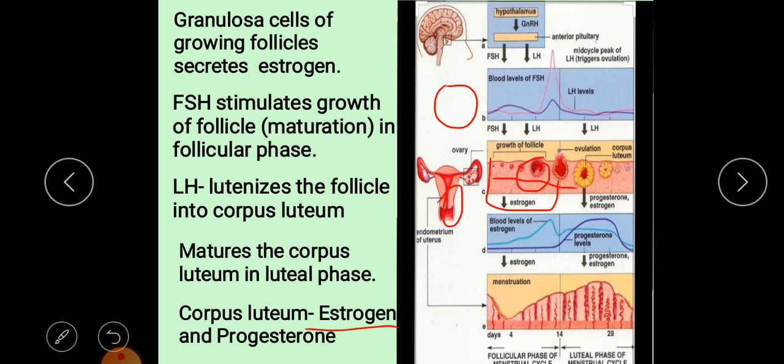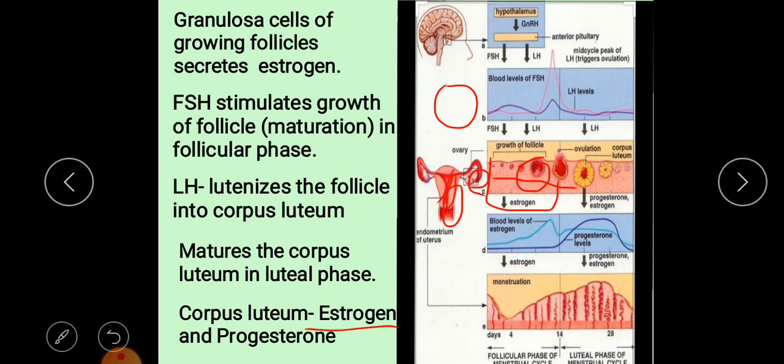When the ova is released from the Graafian follicle, it is received by the fimbriae and transferred into the fallopian tube, and after fertilization of that ovum, it undergoes developmental stages and forms the zygote, and that zygote is going to implant at the uterus wall, that is the endometrium wall.